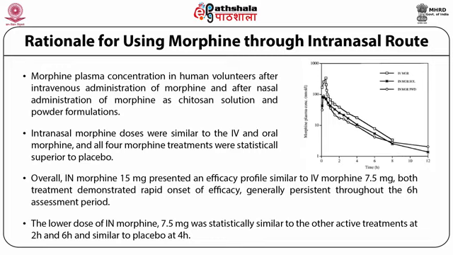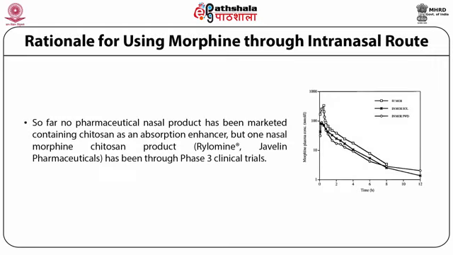In another study, morphine 6 glucuronide was administered as chitosan solution in sheep, either nasally or as an intravenous injection. The bioavailability of the nasal formulation was found to be 31.4%. So far, no pharmaceutical nasal product has been marketed containing chitosan as an absorption enhancer.